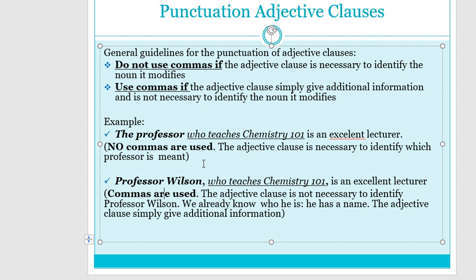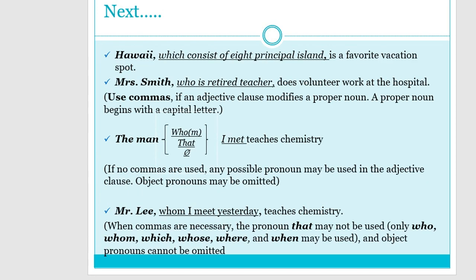So you can put the commas around "teaches chemistry," because it's additional information. We already know who he is. He has a name. The adjective clause simply gives additional information. That's how we can give the explanation.